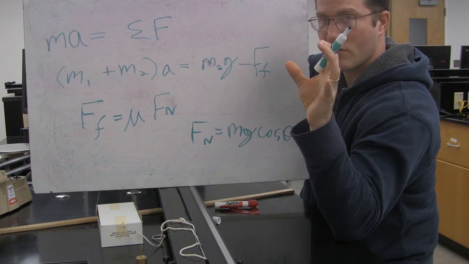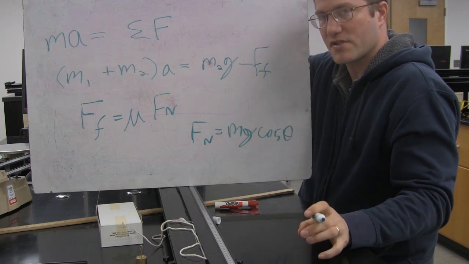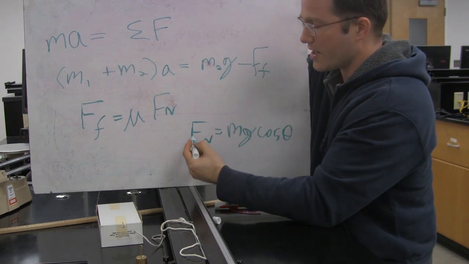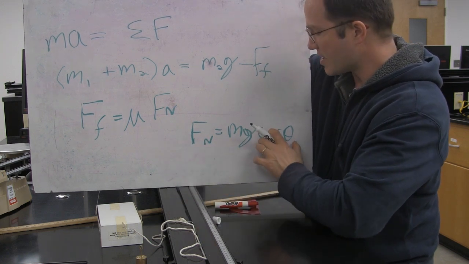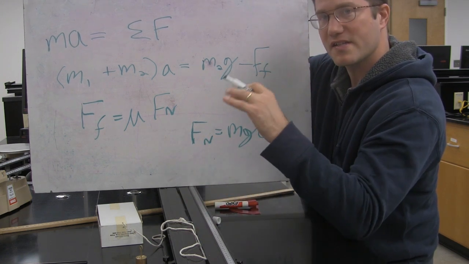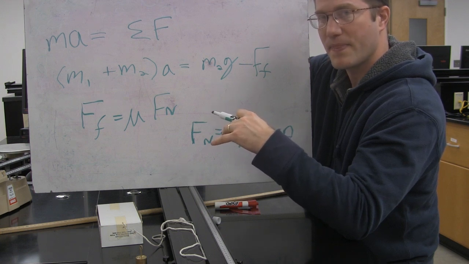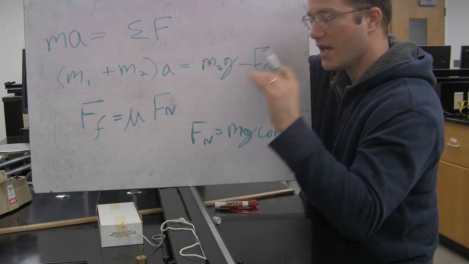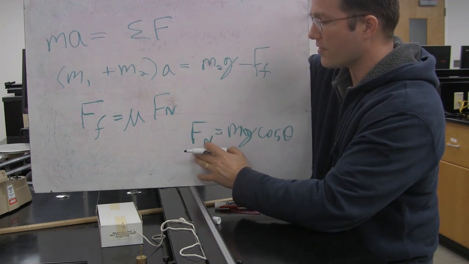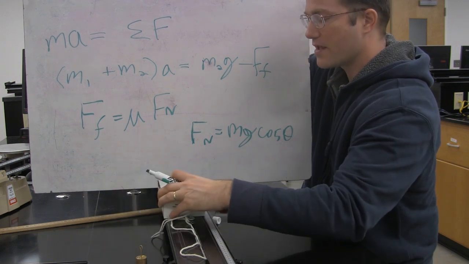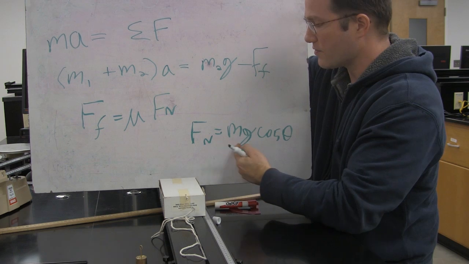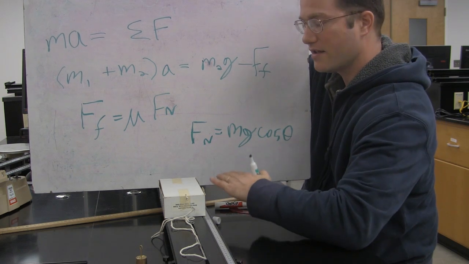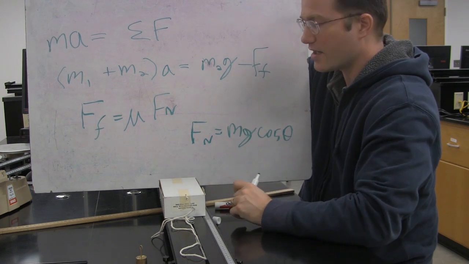At that point there's no normal force, the object just falls, and we've defined normal before as being the force perpendicular to the surface. So as theta increases to 90, cosine of 90 is equal to 0, and so the normal force goes to 0. And so at all points in between, the normal force on an object, the force perpendicular to the surface, is equal to its weight times the cosine of theta, where theta is the angle of the incline.